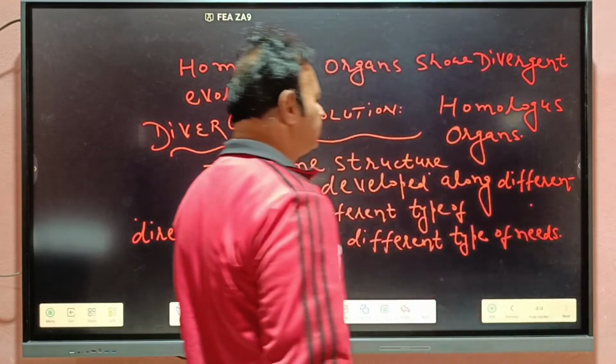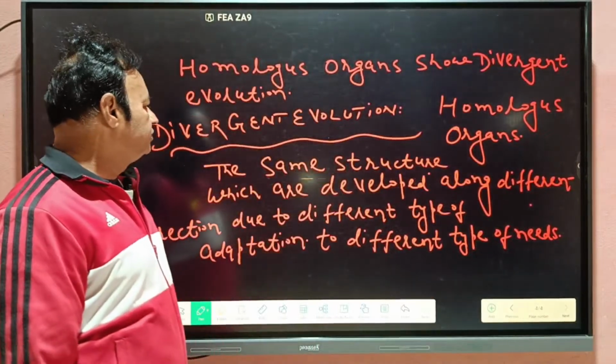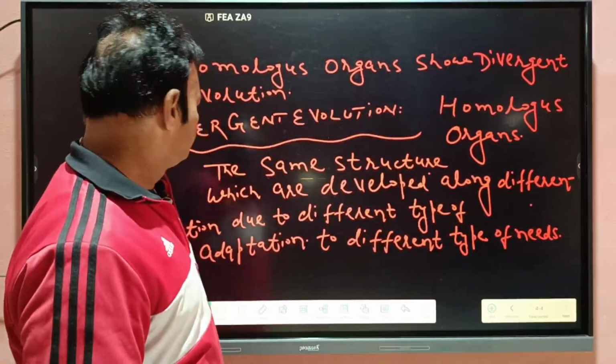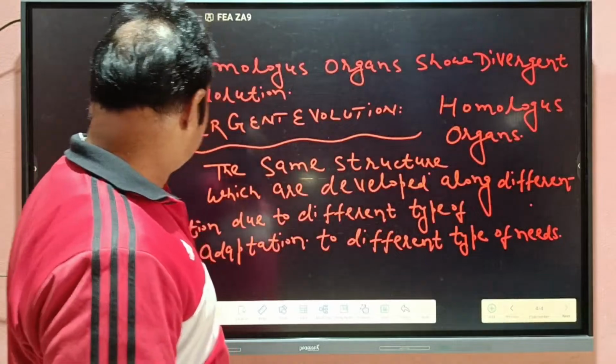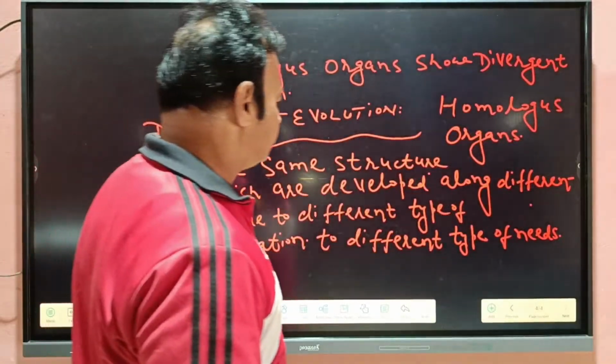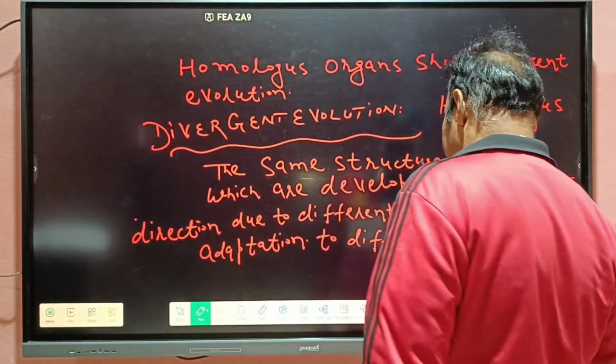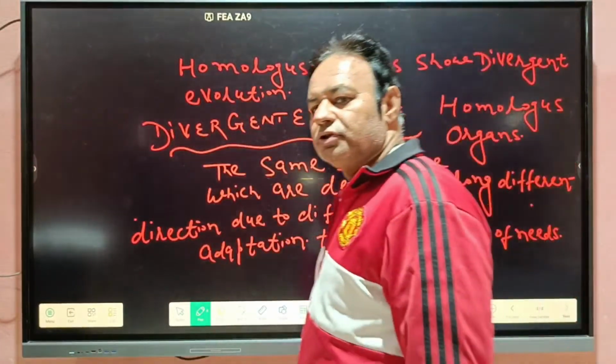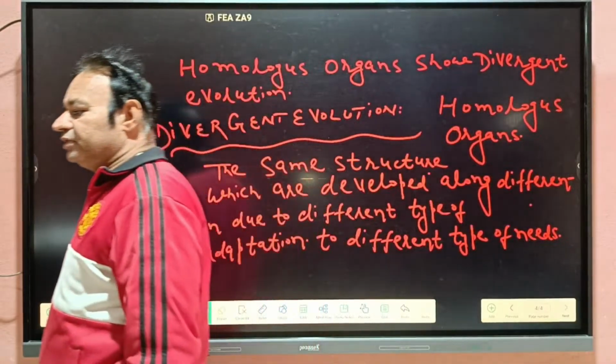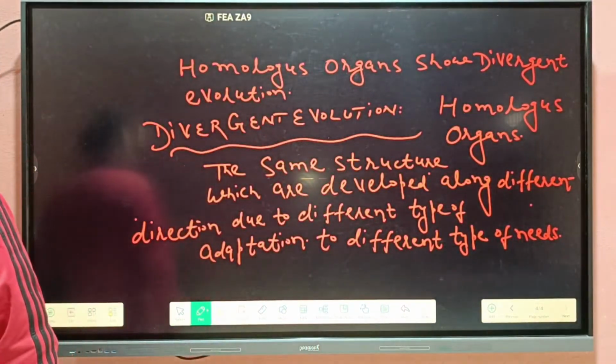We can say that it is called divergent evolution: the same structure which is developed along different directions due to different types of adaptation, due to different needs. So we can say that these are called homologous organs.